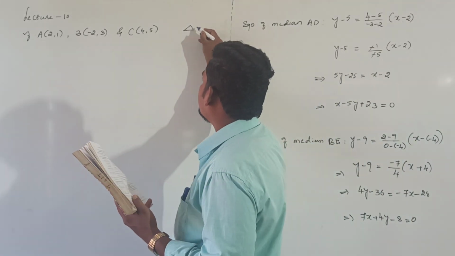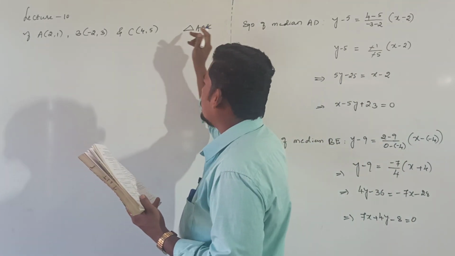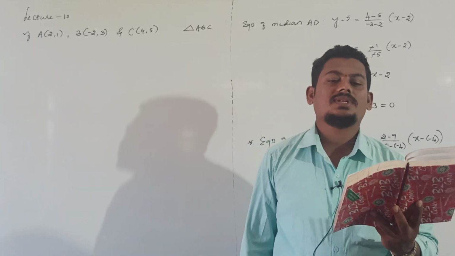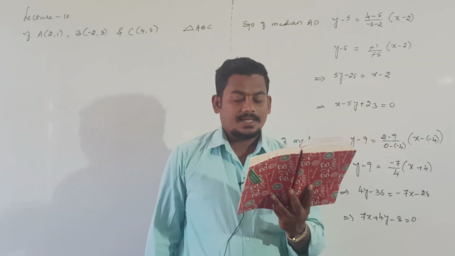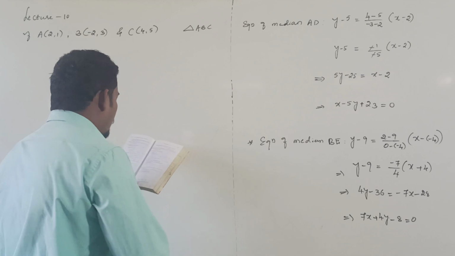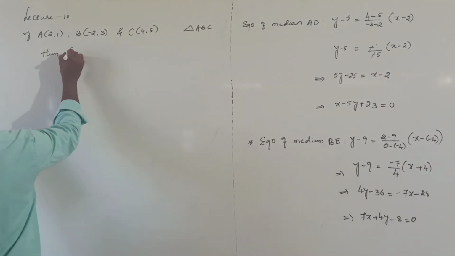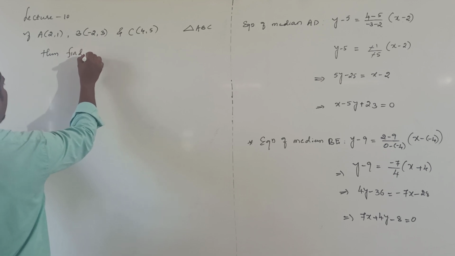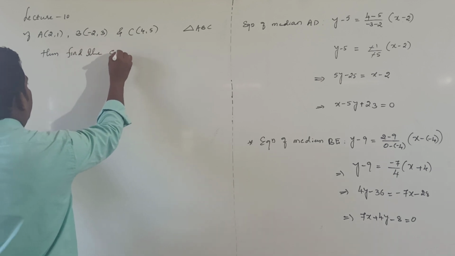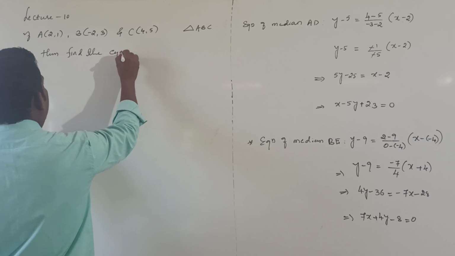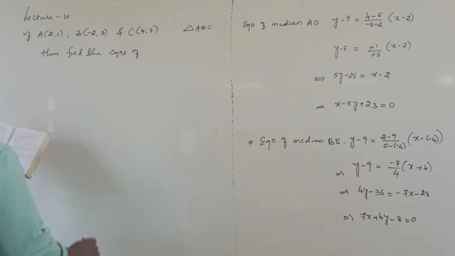Clearly these are the vertices of the triangle ABC. Then find the equations of, first one, the median through C.